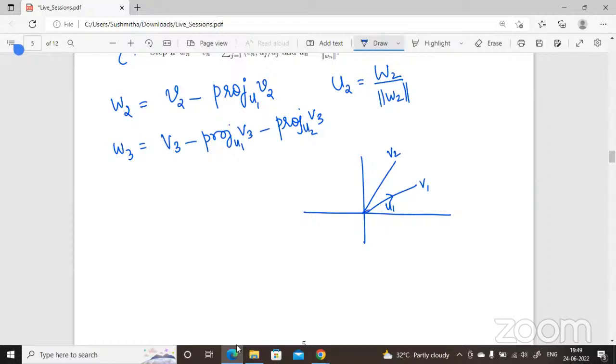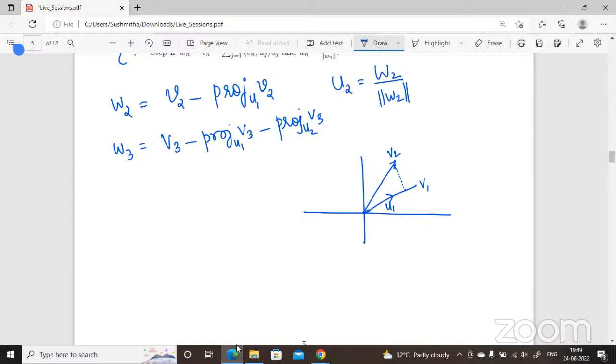And then in the next step I have V2 here. So I take the projection of V2 on U1. So that's going to be here. This is the projection of V2 on U1.